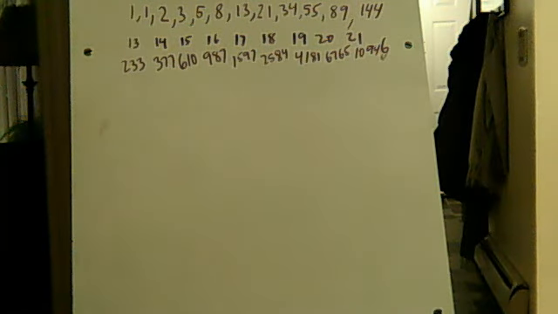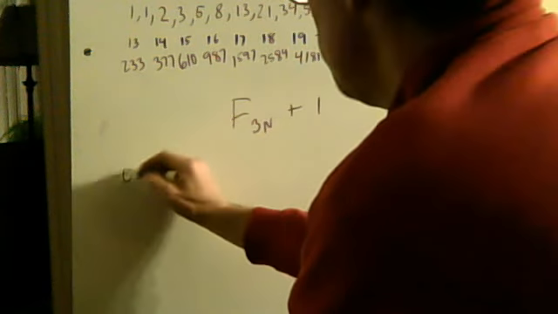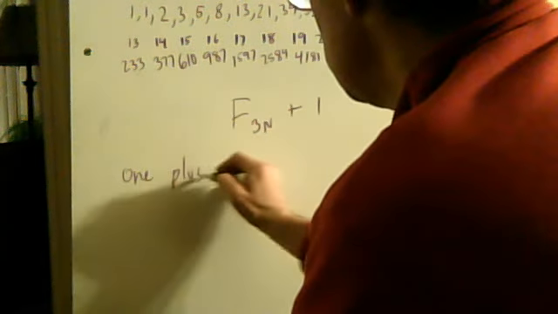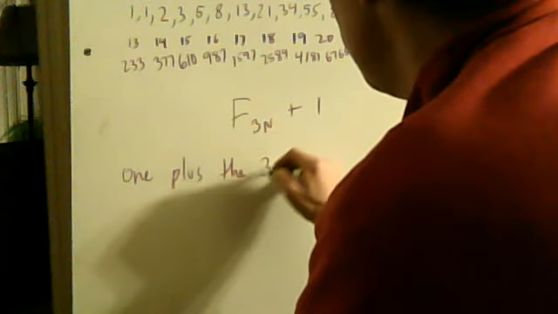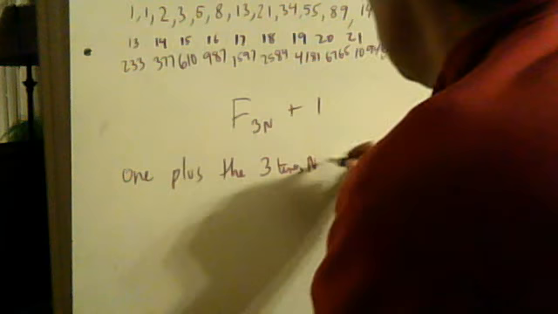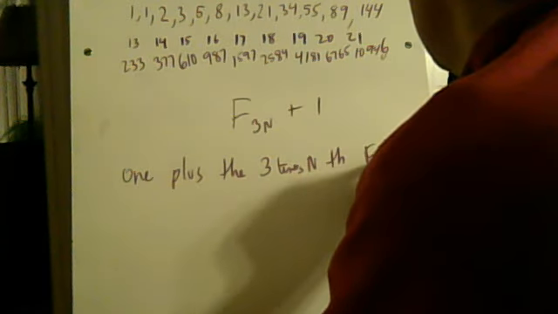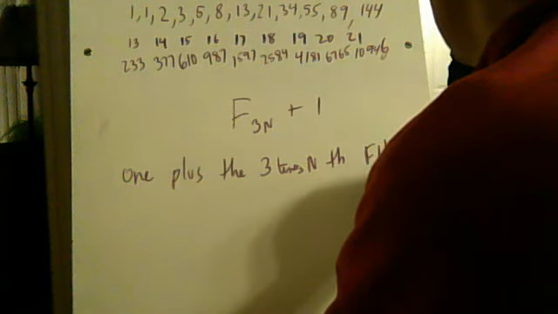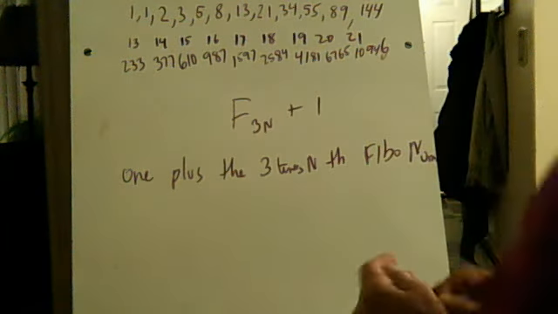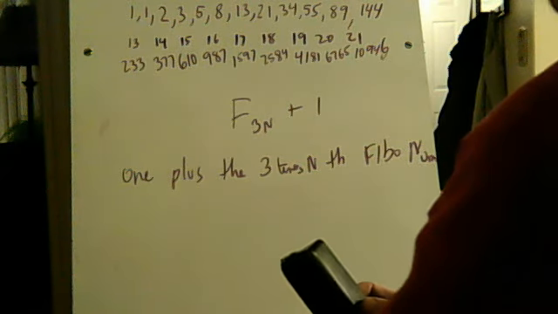Next, F 3n plus 1. This would be 1 plus the 3 times n Fibonacci number.